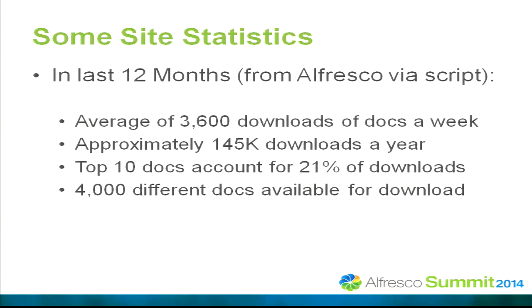It's like the Amazon model, right? The long tail. A very small portion of your content is used a tremendous amount. And still you have to make all 4,000 available because the one time that 3,999th document is downloaded, you want it to be available.